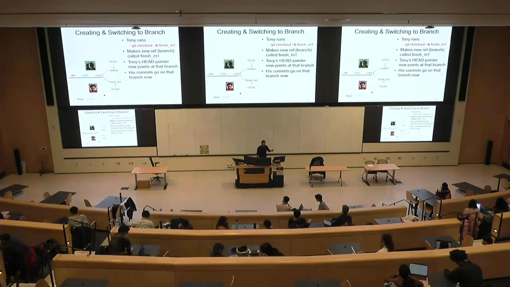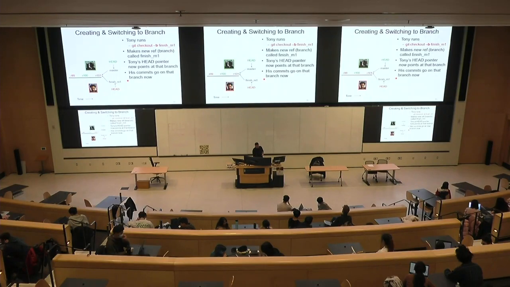So the way we do this is through, remember the git checkout command that allows us to go back in history or change to a different commit. We can also use it to create new branches. So with a git checkout -b, you can create a new branch and give it the name that you want. In this case, Tony decided to give it finish M1. Can you see my point?